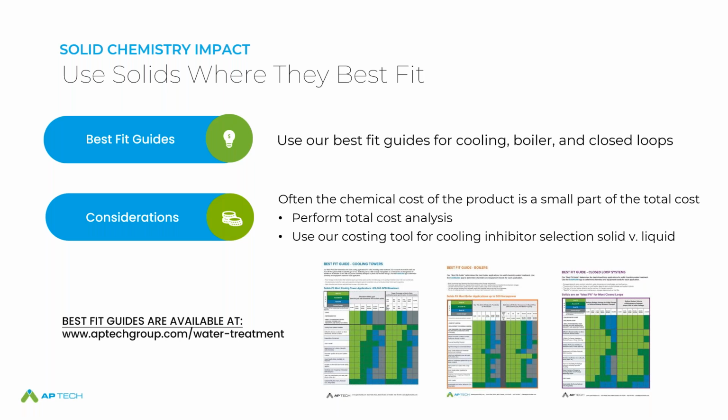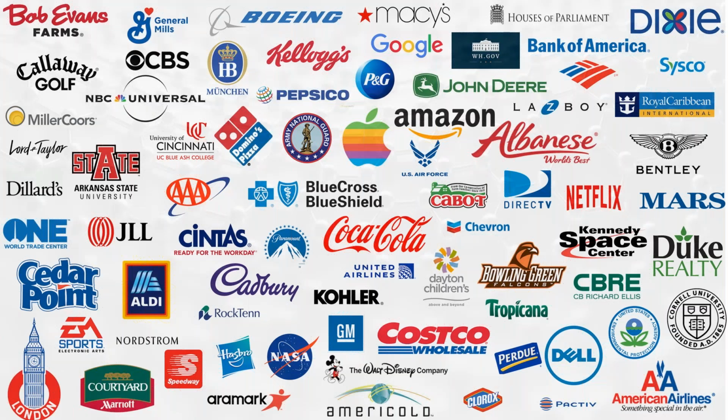So a lot of supporting materials to help guide you to understand where to utilize solids. And you can see we talked about the markets that solids are certainly deployed across a wide variety of institutions, corporations, and things like that.